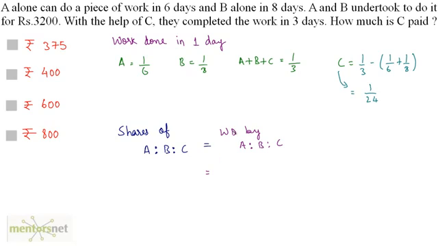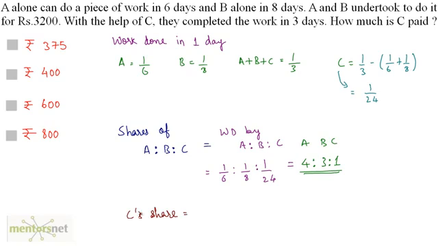So work done by A is 1 by 6, work done by B is 1 by 8 and work done by C is 1 by 24, and if you solve it, you'll get 4 is to 3 is to 1, and that's the ratio of the shares of A, B and C. I mean the shares they will get out of this 3,200 rupees.